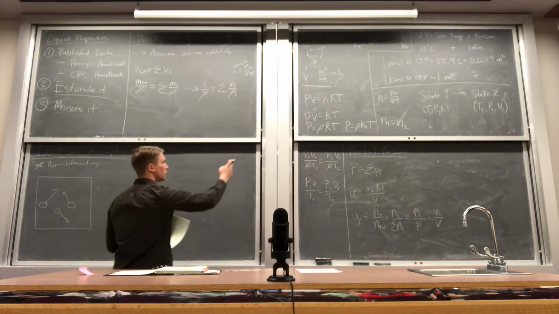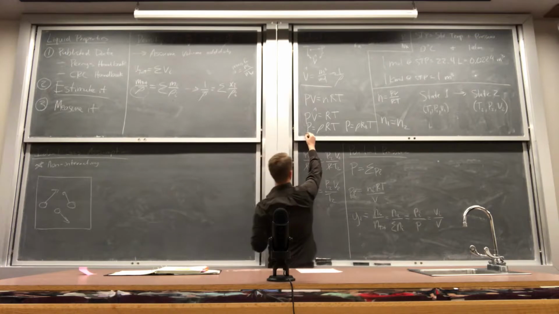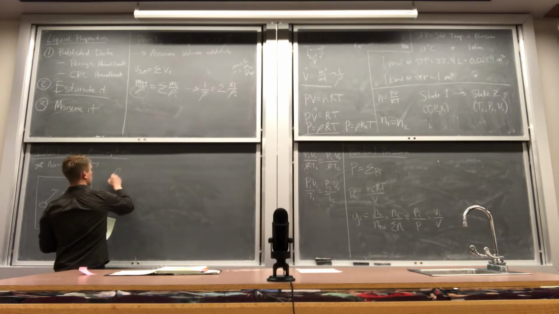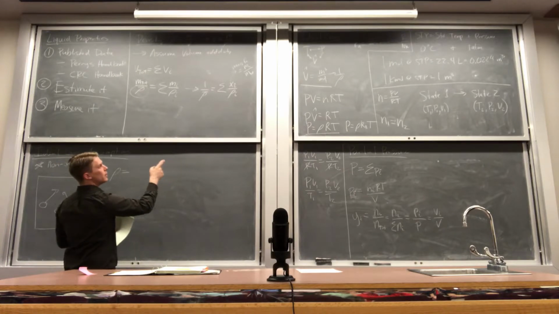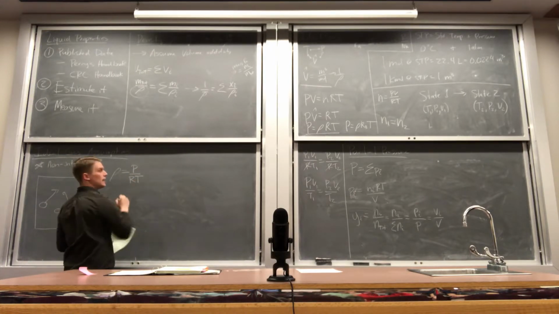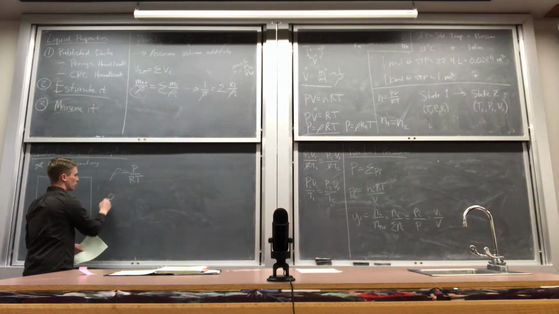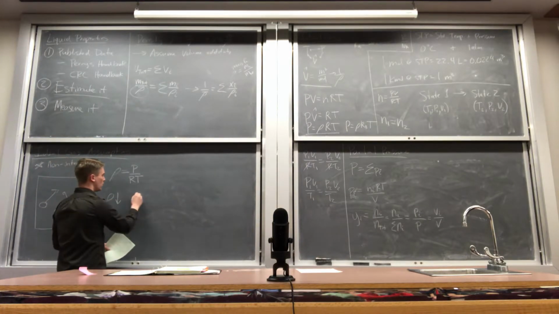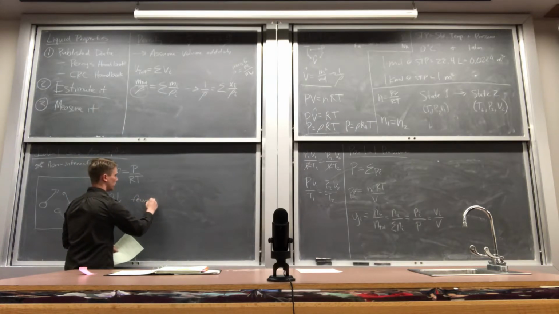So if we take one of our expressions here, let's use this form of the ideal gas law, right? The density is equal to P over RT. So as rho goes down, the density goes down, we have fewer interactions.